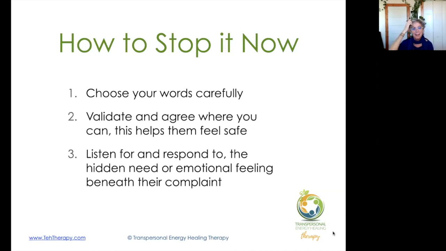So this is the rigid achiever pattern. What you need to do as the practitioner, as the coach, is validate and agree with them where you can, because this helps them feel safe. They're going to feel connected to you through feeling safe, and then listen for and respond to the hidden need or emotional feeling that's beneath their complaint.